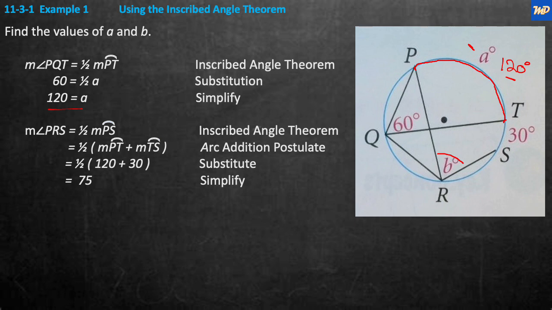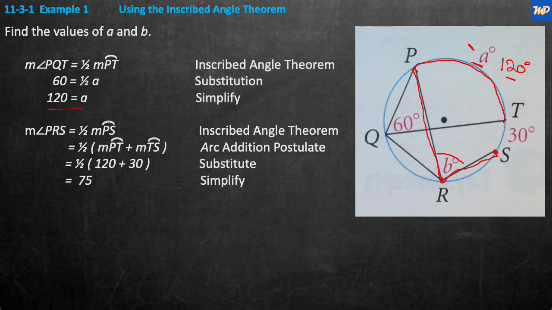So what they're saying here is that PRS, that's this angle right here, and that's angle B. PRS is equal to 1/2 of A by the arc addition postulate, PT plus TS.